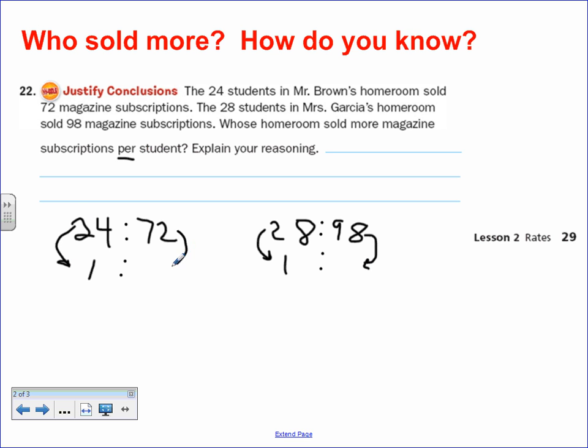So how do we get our answers? In this one, divide by 24. And I know you're probably thinking, wow, this is a lot of work for just one question, but this is maybe the easiest way to set it up. Divide by 28 on this side.